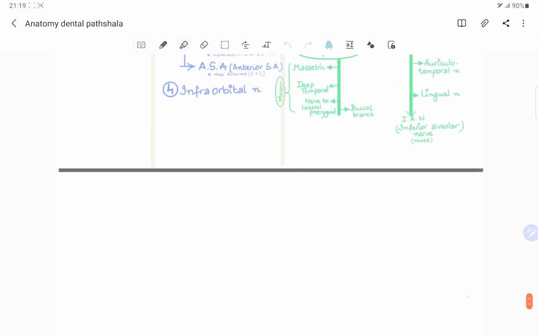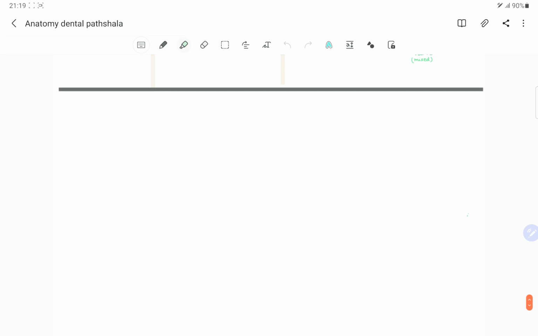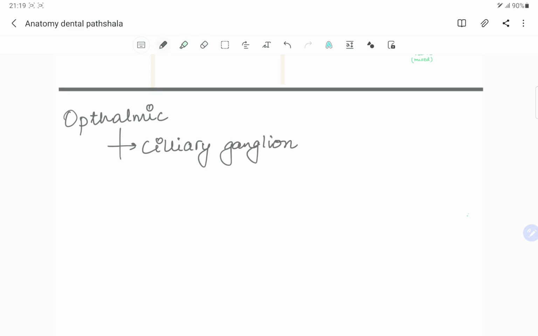So we have studied in the ophthalmic division there is the ciliary ganglion, which is topographically related to it.